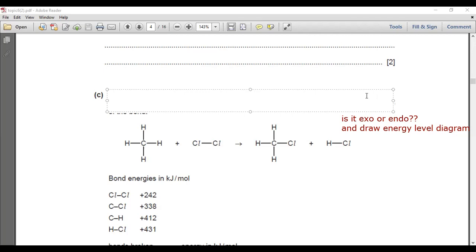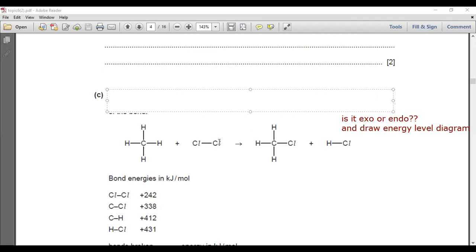Mazen, look. Energy out. Okay, you said 431 multiply 3. Why 431 multiply 3?